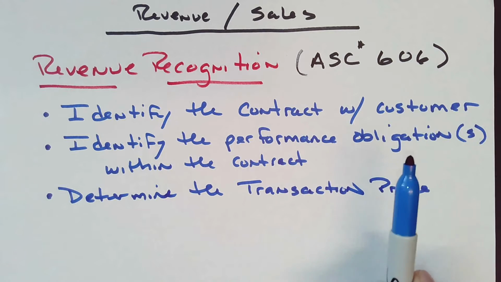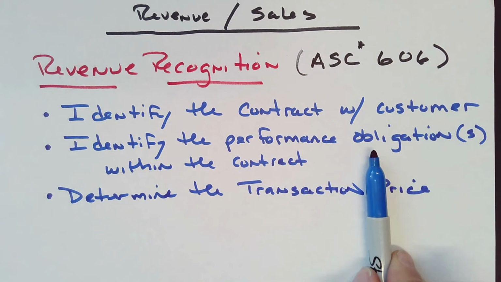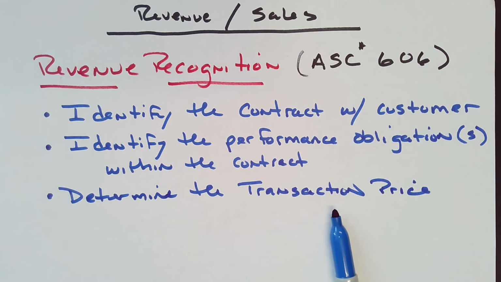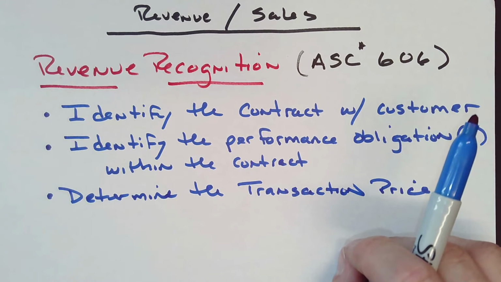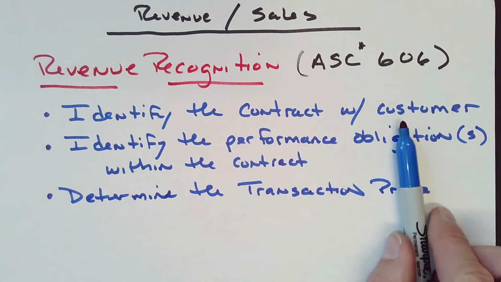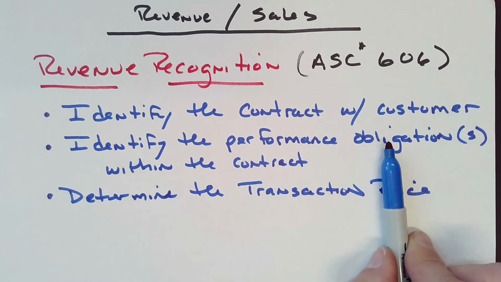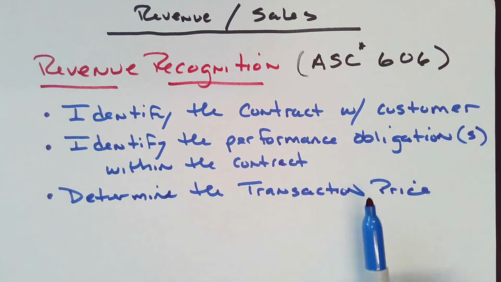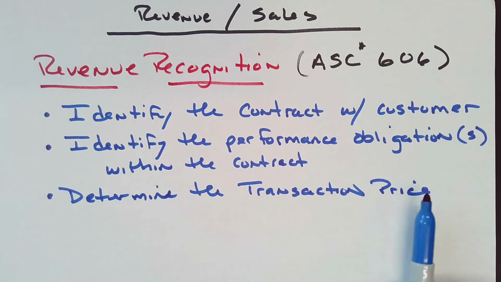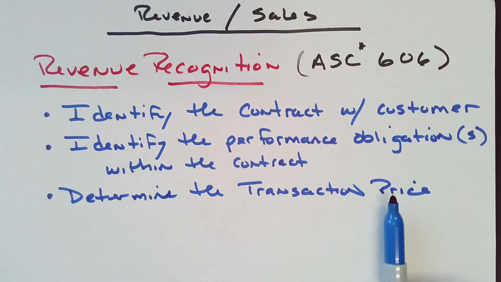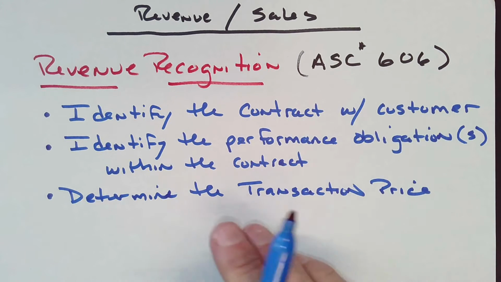Performance obligation is get me that stuff. And the transaction price is already determined because I've agreed to this particular price, and whatever taxes I have to pay, et cetera, et cetera. So on the click with Amazon, it's the click. The performance obligation is Amazon has to get me the stuff. And the price is what I agreed to. It has nothing to do with whether or not I'm going to collect it. We've just determined this.